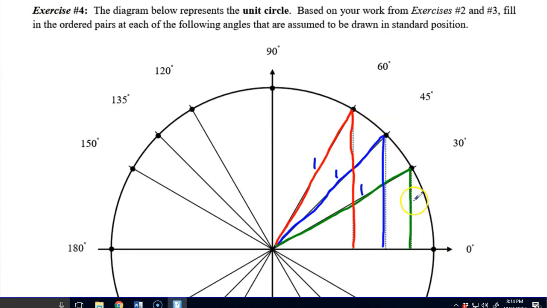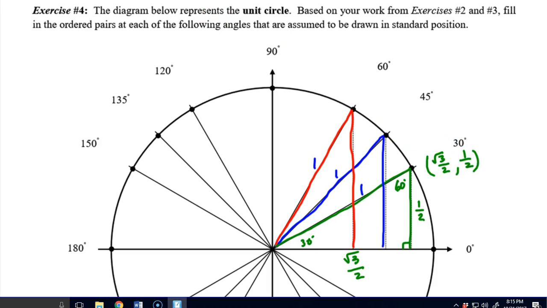So if this side across from the 30 degrees is half, and this side across from the 60 degrees, let's put a little 60 in here, a little 30, is square root of 3 over 2, well then its coordinates, in other words, the x coordinate of this triangle has to be the radical 3 over 2, right? And the vertical side, the y of this triangle, makes up the y of that point, the height of it. So that would be half.